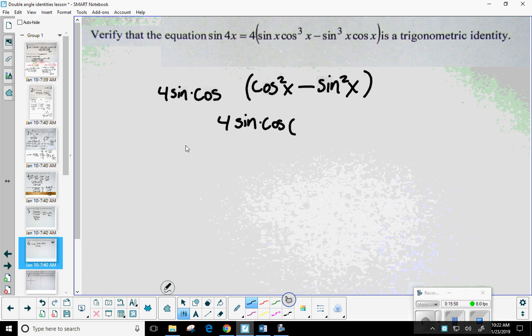No, wait. Cosine squared minus sine squared equals.